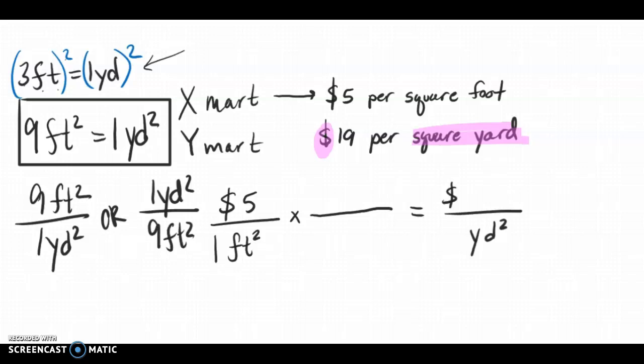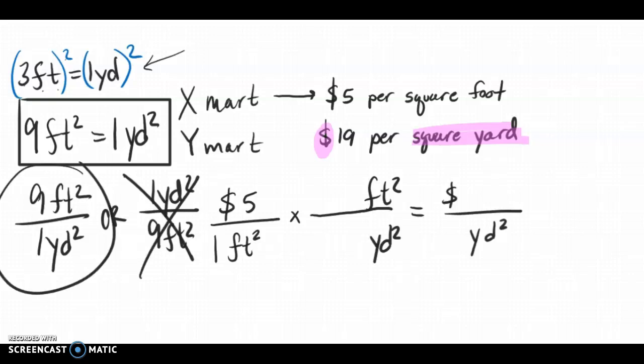And in this problem, I have feet squared in the denominator. So I need the feet squared in the opposite location because I want to get yards squared in the denominator. So I'm not going to use it like this, but I'm going to use it here. And so the 9 goes with the feet squared and the 1 goes with the yards squared. And then multiplying across, this would go away.